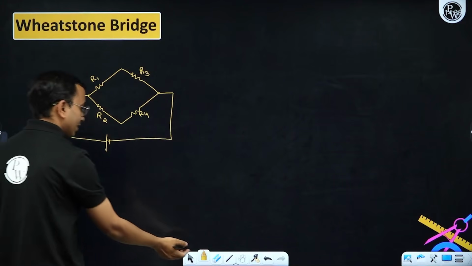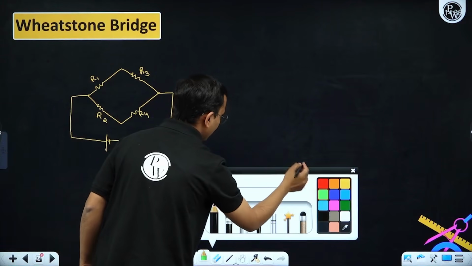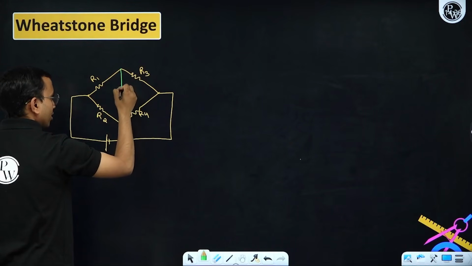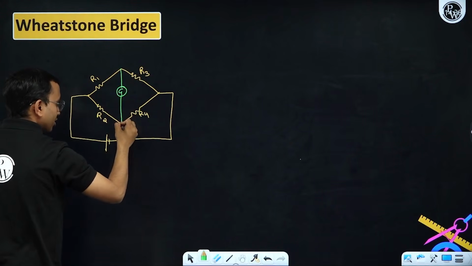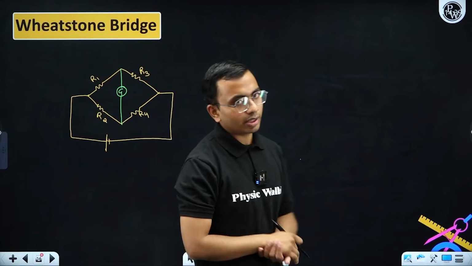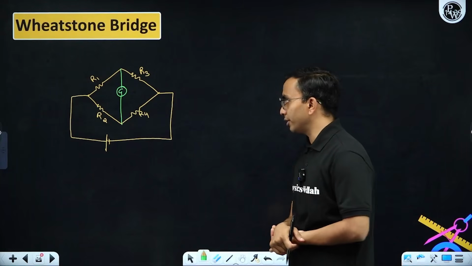And I have connected a galvanometer. Galvanometer is used for current detection purpose. This is galvanometer. And what will happen? Some current will be there in the galvanometer. Galvanometer will be showing some current.